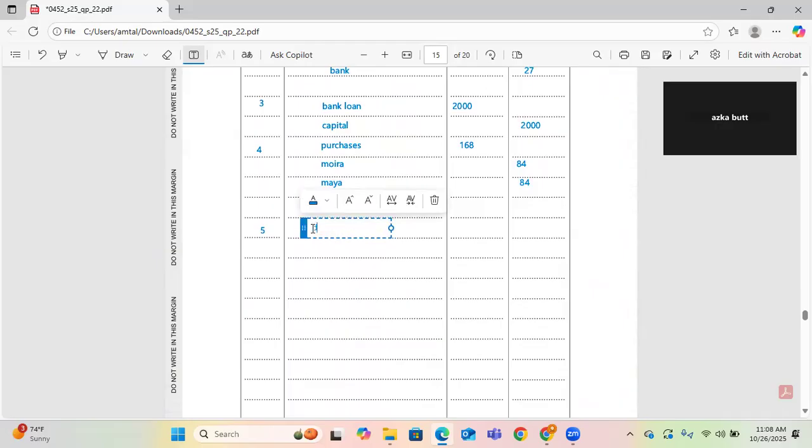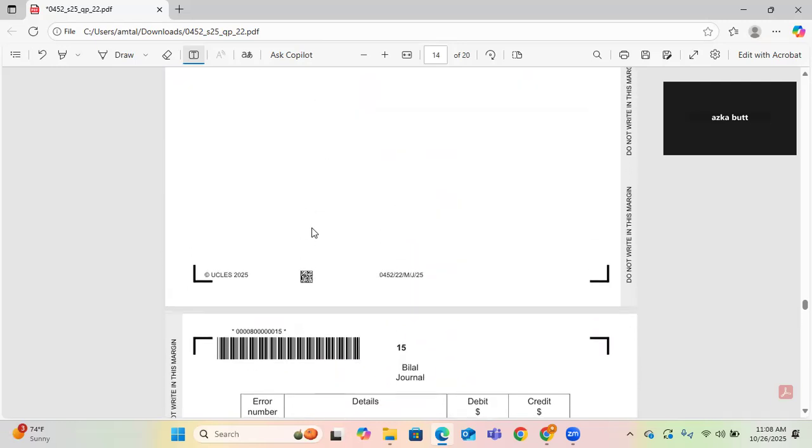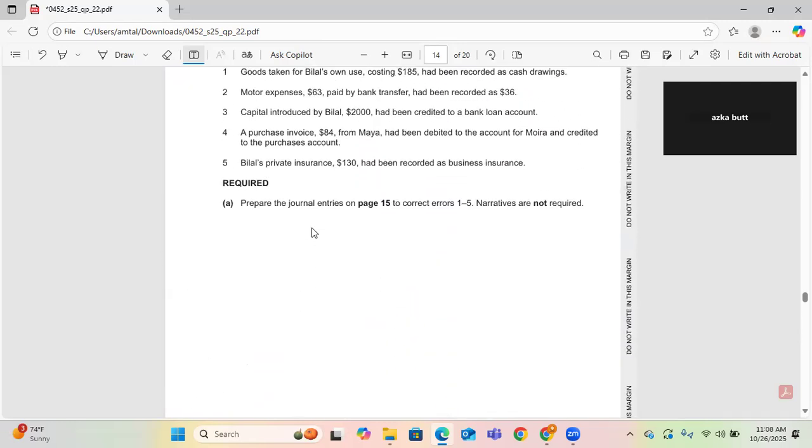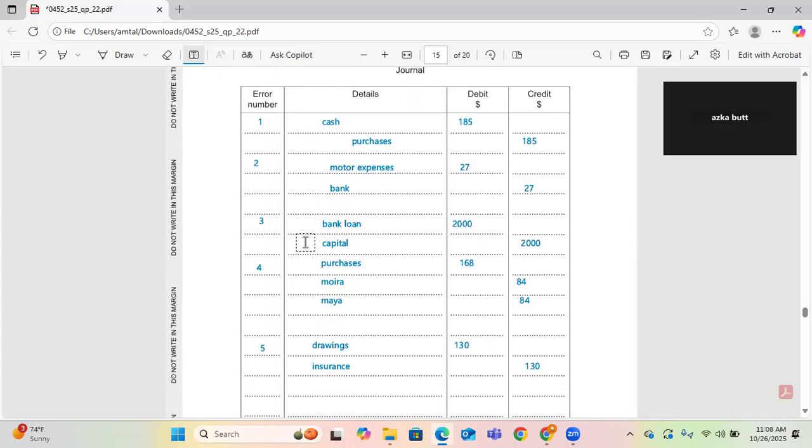So this is equal to drawings, that's $130, and then we have the insurance, $130. Okay, done with the errors.